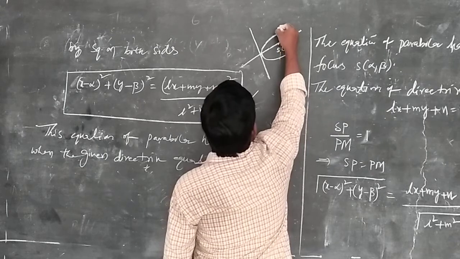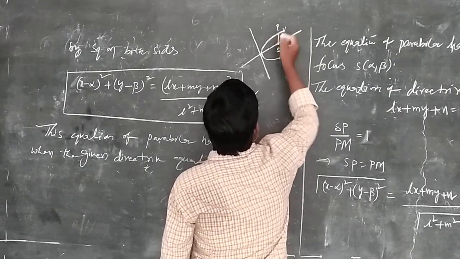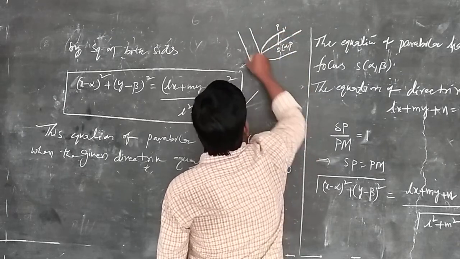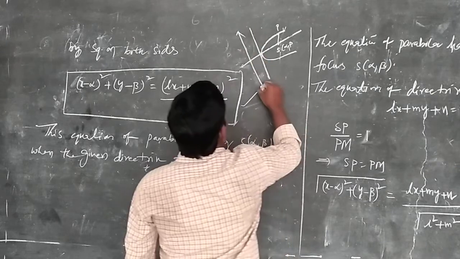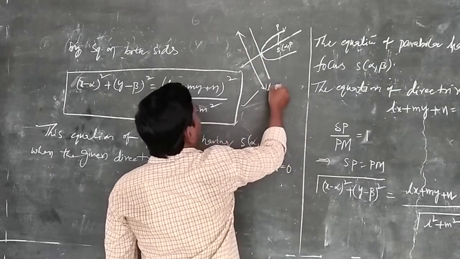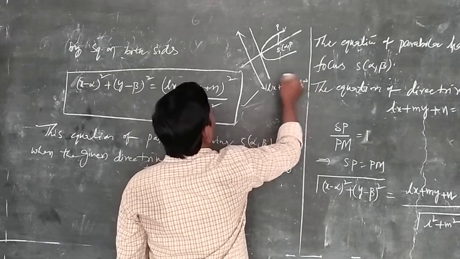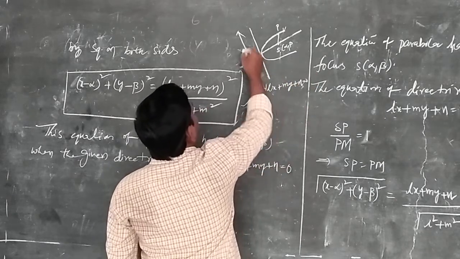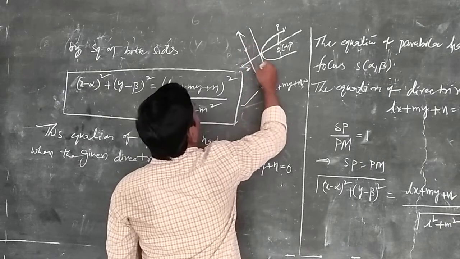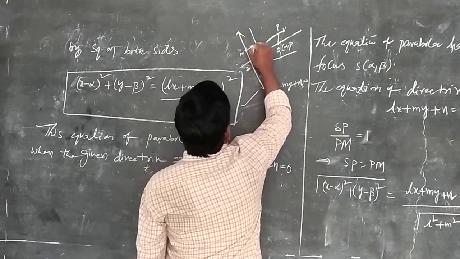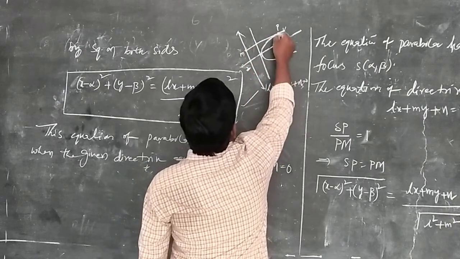There is a point P and this is the directrix, Lx plus My plus N equal to 0. There is a point M on the directrix, and PM is the perpendicular.